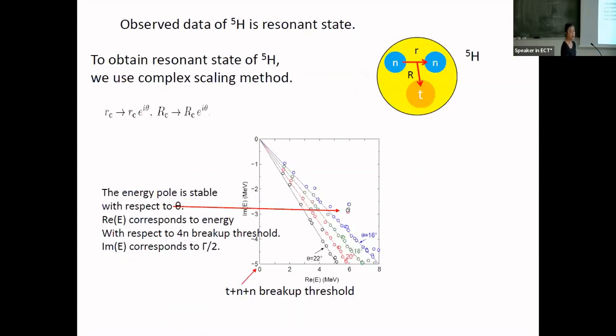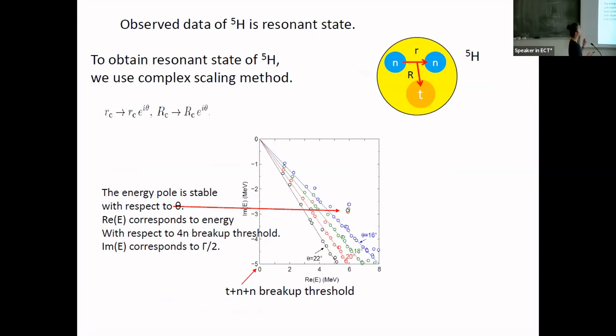Now let me come back to the calculation of hydrogen-5. The observed hydrogen-5 state is a resonance state. Therefore, together with this Gaussian expansion method, we use the complex scaling method.